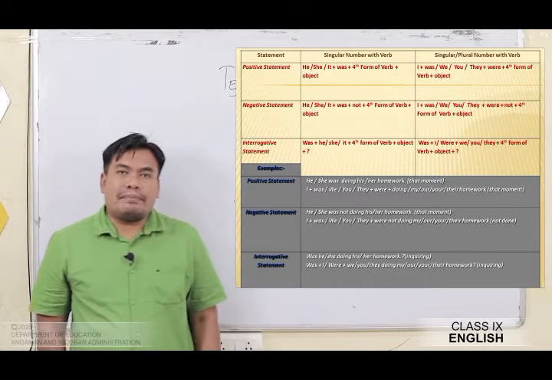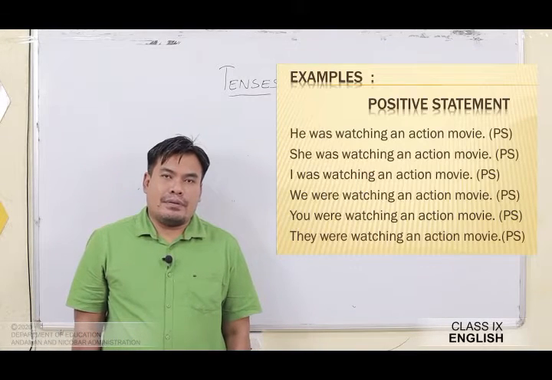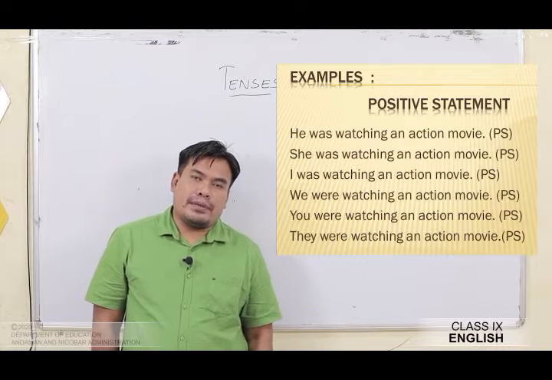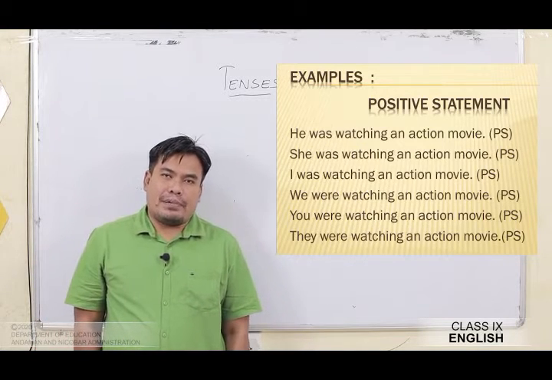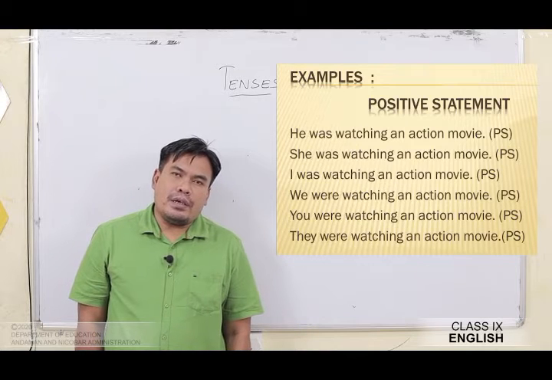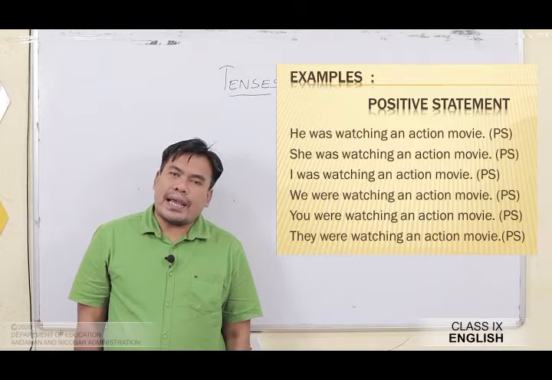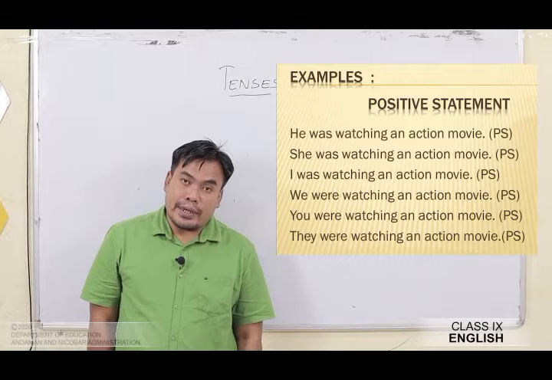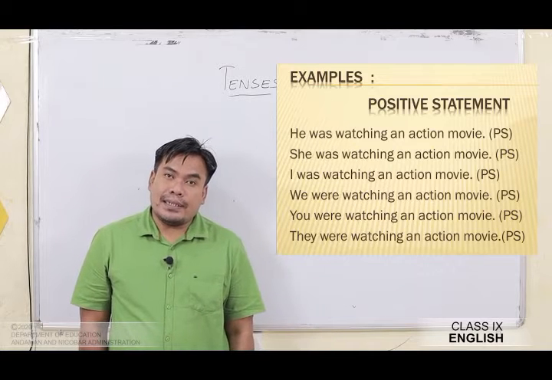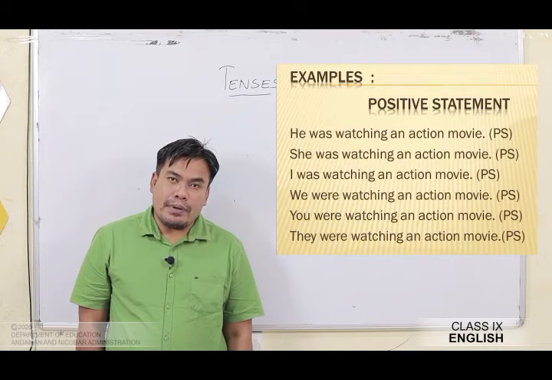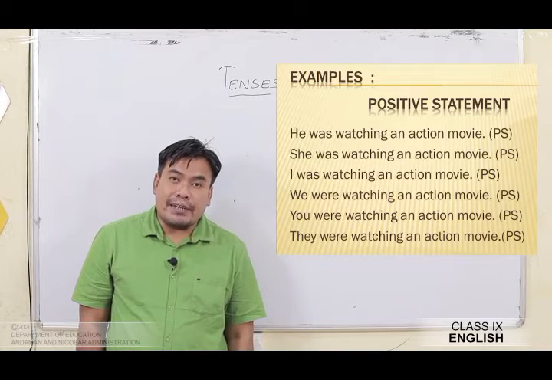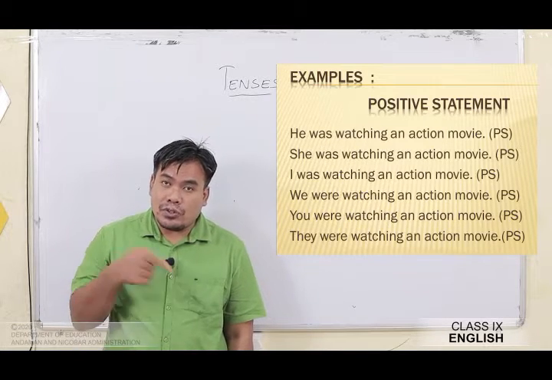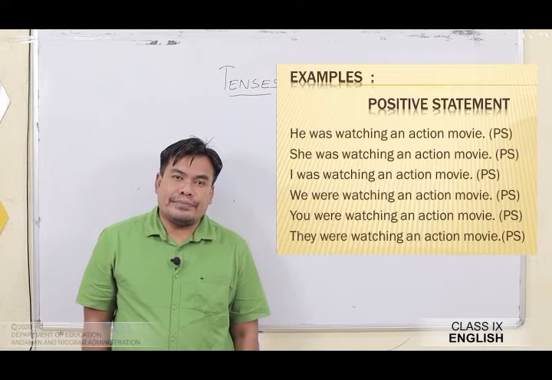There are some examples that have been given for the positive statement. Let's just look at the first example. He was watching an action movie. He is actually a singular number. When we are dealing with the past continuous tense, was will be applied here.